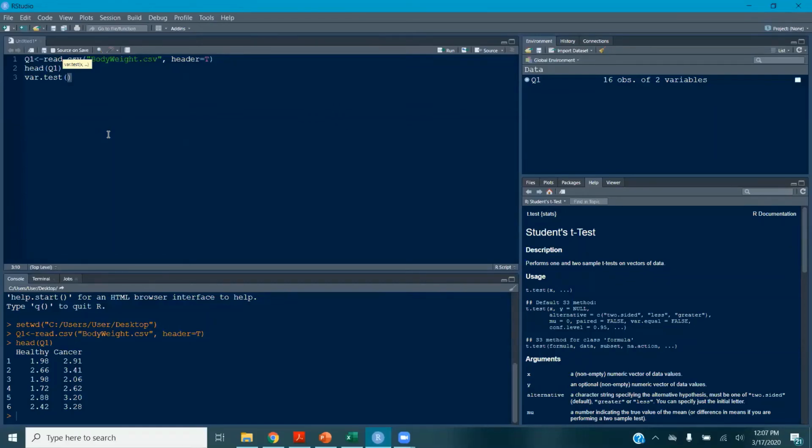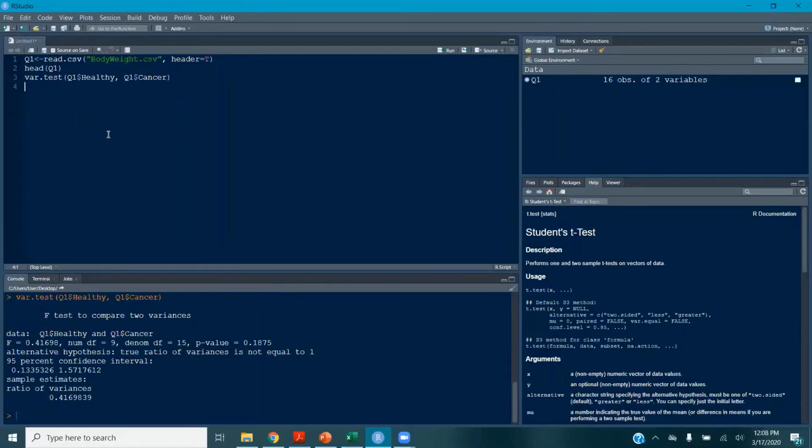And this is true for the p-value, but the order of the arguments does matter for the fcalc value, and I'll demonstrate that here. First, we'll just start with the data, and we'll use data Q1 with the healthy individuals and the data Q1 from the cancer individuals.